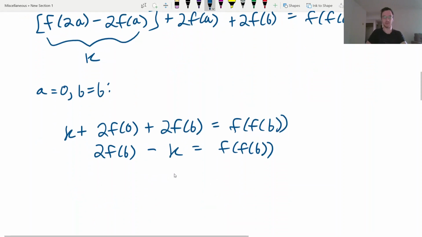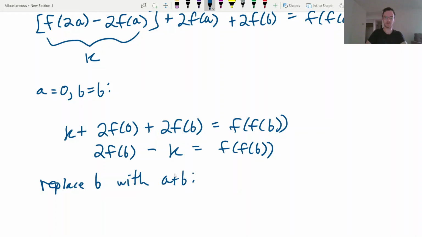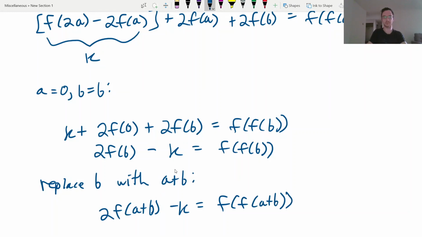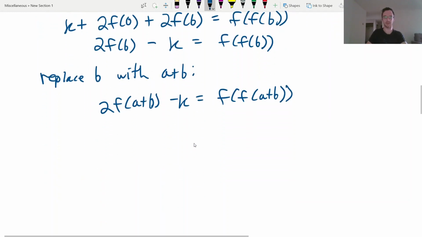Okay, well, this equation is actually true for all b. So it gives us a way of converting f of f of something into an expression involving just one application of f. And since it's true for all b, we could just as well replace b with a plus b. So we get 2f(a + b) minus k equals f(f(a + b)). Okay, well, this is great.